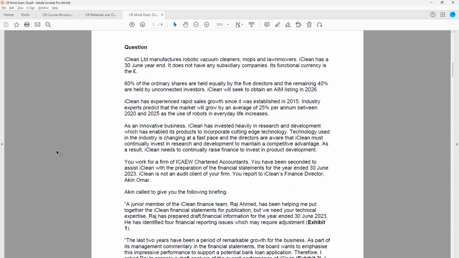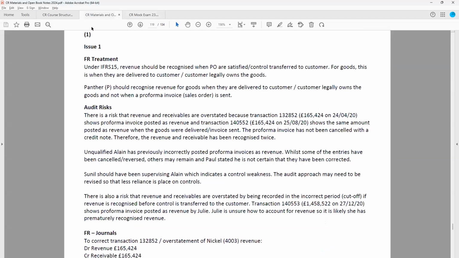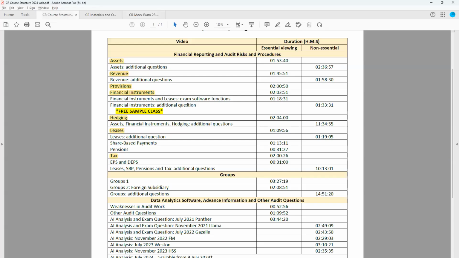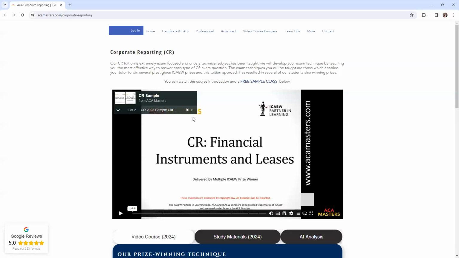This class is an additional question on financial instruments. So that's after the technical class on financial instruments, but there's a brief technical recap there. And also you get to see me work through a question, so you can see the ways that the classes are structured and the exam techniques which are taught.